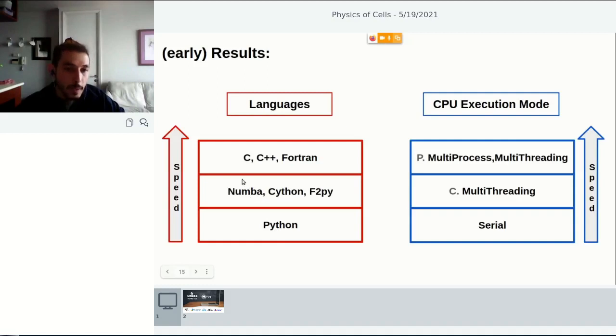Numba is a wrapper that works as a decorator. So you're writing a Python code, and you define a function in Python. Then what is Numba? You simply write one line above this function, and this works like a decorator.